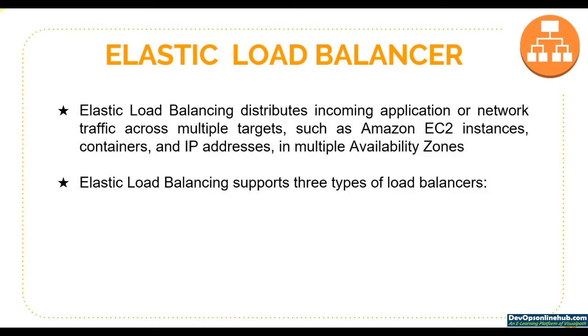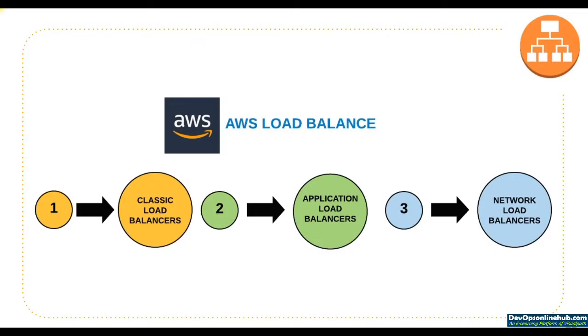AWS provides us 3 types of load balancer. Classic load balancer, which is the traditional one, and it seems like AWS is going to get rid of it. Now we have application load balancers separately for web service, HTTP and HTTPS, and then we have network load balancer also. So currently we have 3 types of ELB: classic, application and network.